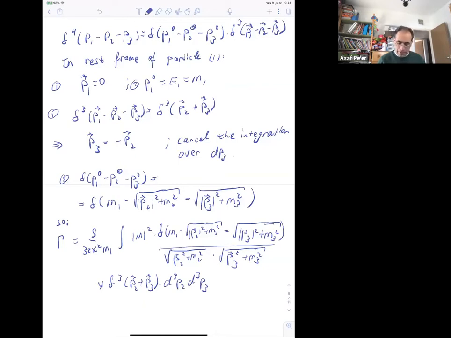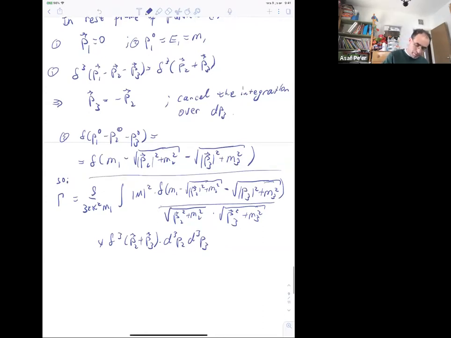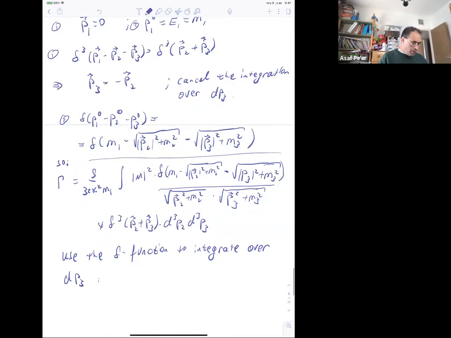So we now use the delta function to integrate over d cube P3.